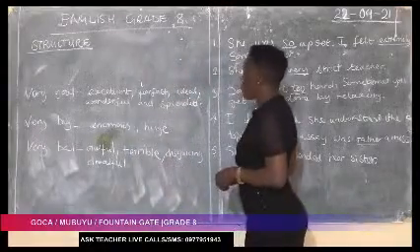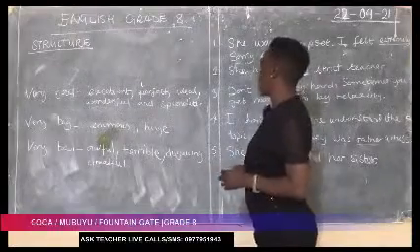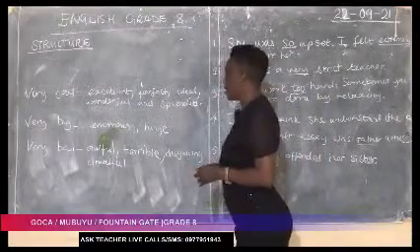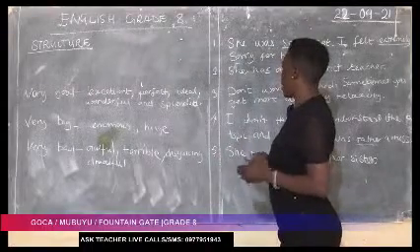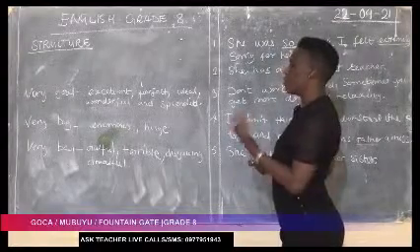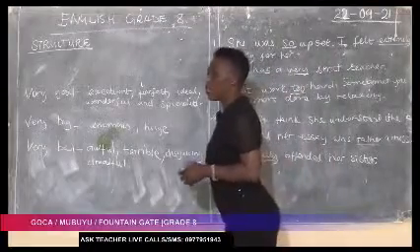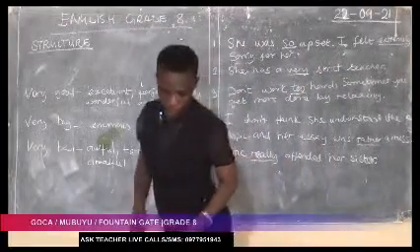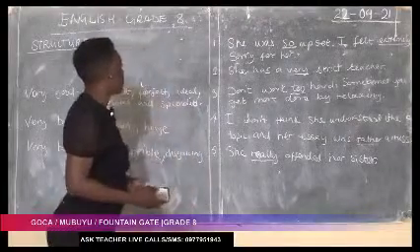And then for very big, you can use intensifiers like enormous, huge, and things like that. Then for very bad, you can use awful, terrible, disgusting, dreadful in place of very bad. And these intensifiers can help you in your vocabulary. Okay, so this is what I had for you today.